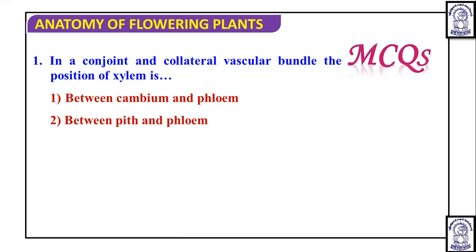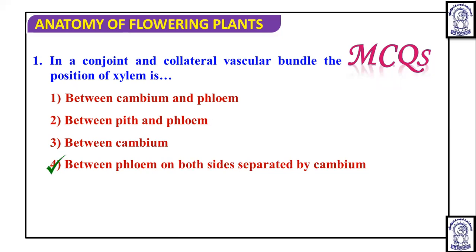The options are: between the pith and phloem, between cambium and phloem, between phloem on both sides separated by cambium. Actually, this last one is the condition for the bicollateral condition.